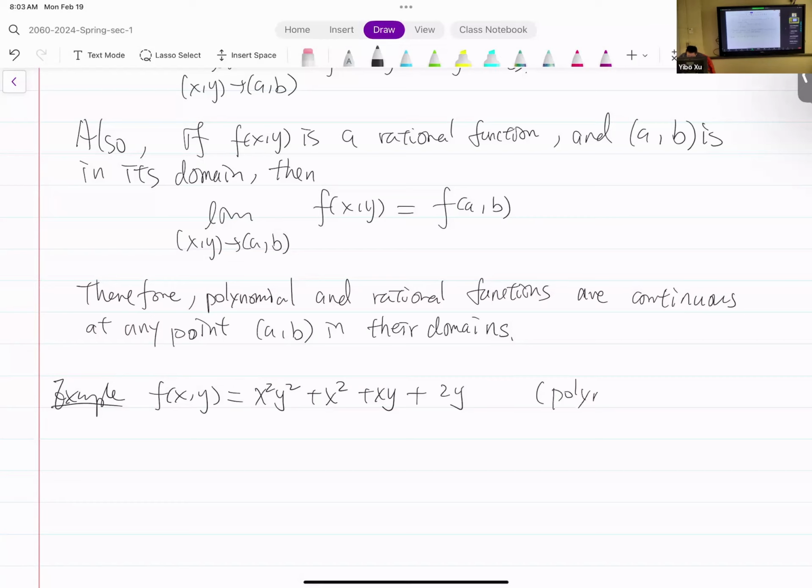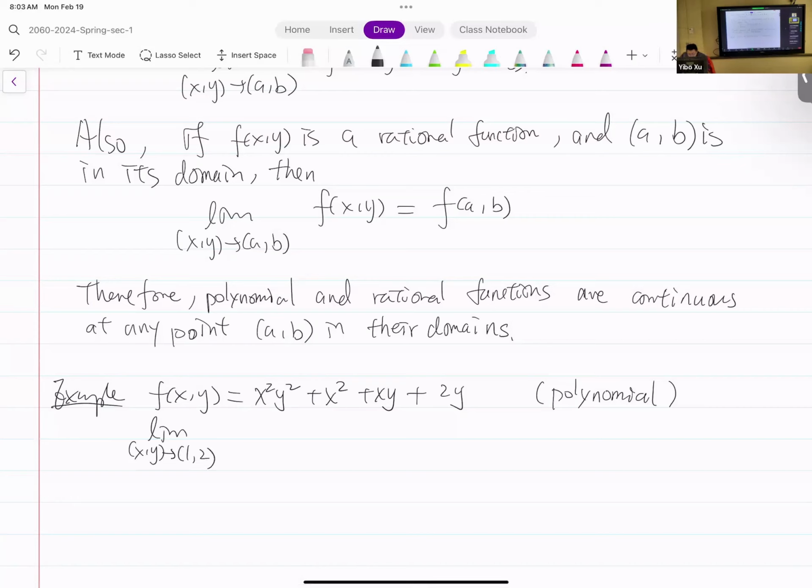Although it's not really important in this case, non-negative integers are called natural numbers. So that's a polynomial. A polynomial is well defined in the sense that the domain is the entire xy plane. So no matter what point your xy pair is approaching, you just plug that in.